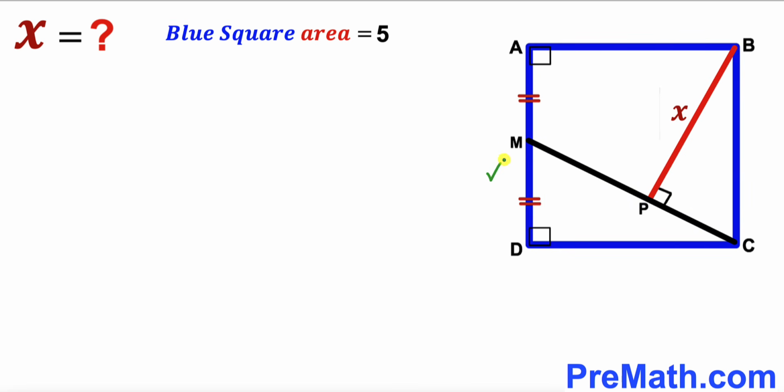In this video, we have this blue square ABCD along with this segment MC, as you can see in the given diagram, such that M is the midpoint of side AD. In other words, segment AM equals segment DM.